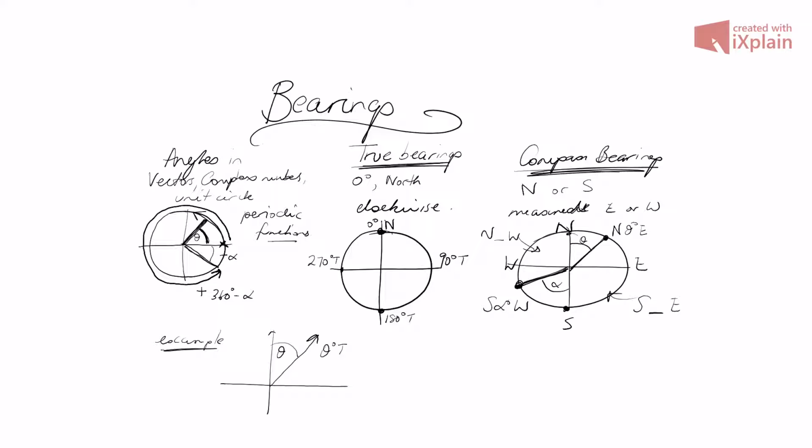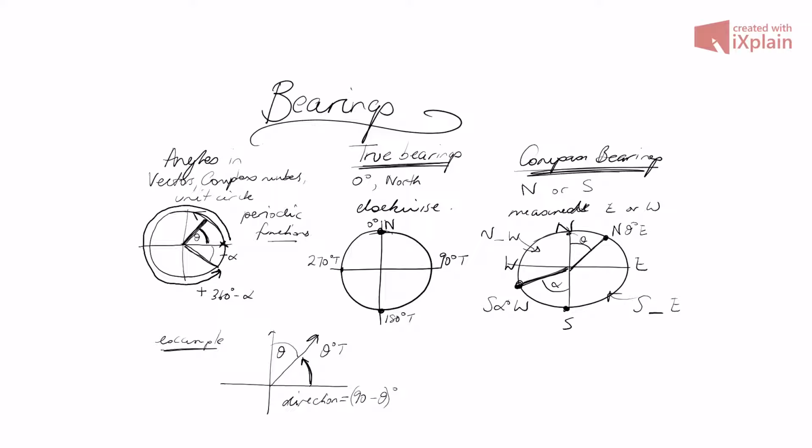We have to consider the angle from the x-axis upwards. So our direction, in terms of vectors, would have to be 90 minus theta degrees. That would be what our direction is, 90 minus theta.